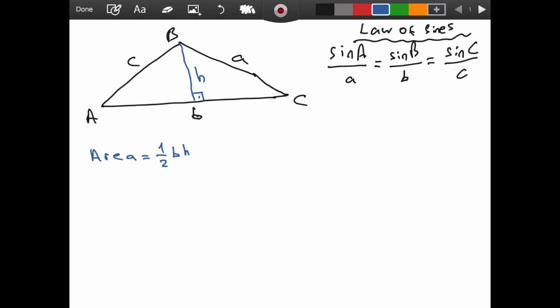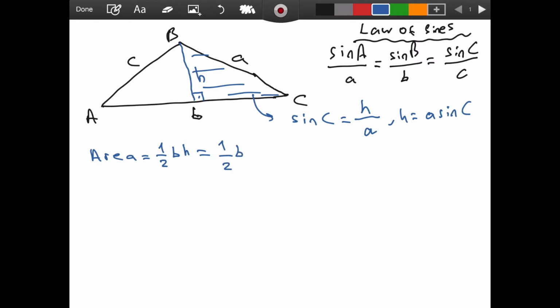Well, if we want to replace h with another quantity, we can look at this right triangle, and we can see that sine of C is equal to opposite divided by hypotenuse, so h divided by a, which means that h is equal to a times sine of C. So we make this substitution in our area equation for h. We have 1 over 2 b and a sine of C.